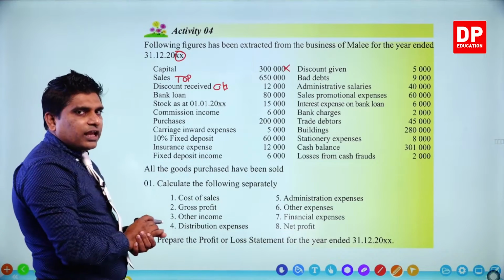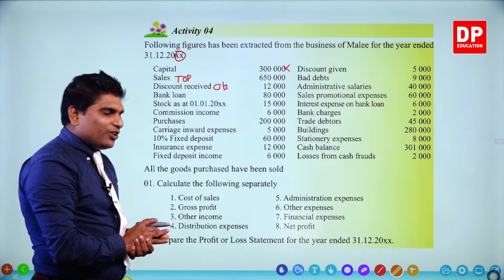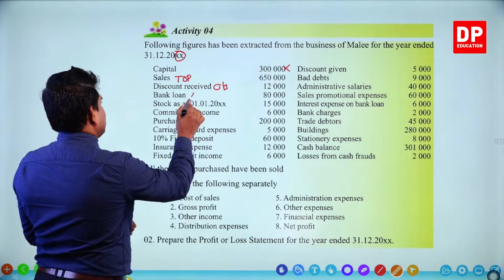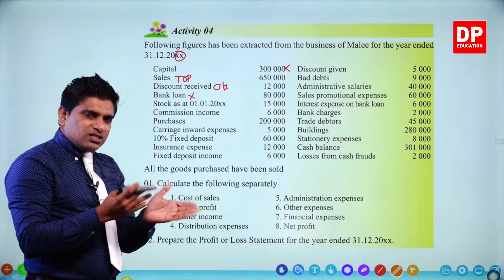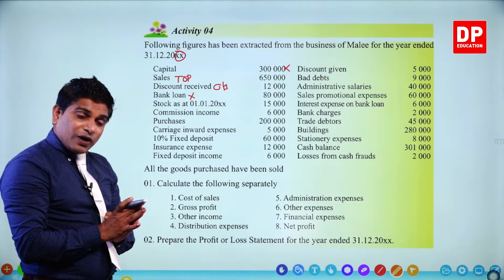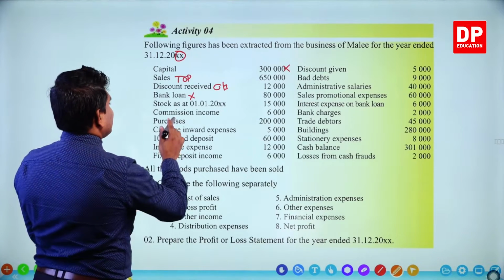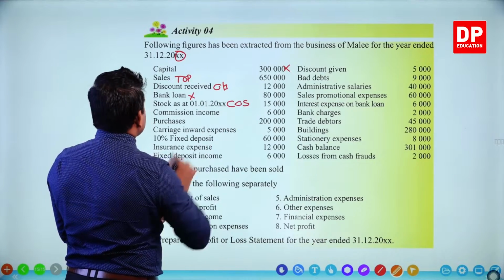Bank loan, do we take bank loan? Bank loan is a liability. No, we don't take. Stock as at 1st of January, it means opening stock, where you put to calculate what? Cost of sales, right?